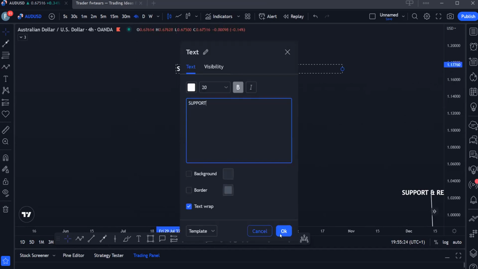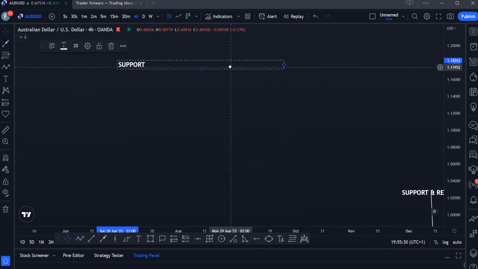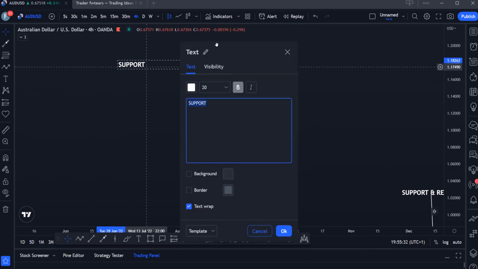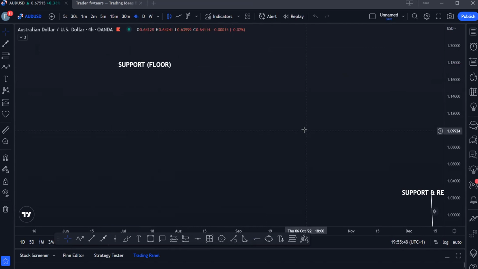Okay, so please know that a support is an area of the market that acts as a floor. A support is an area of the market that acts as a floor. Just like the floor you are on right now, when you throw a ball down to your floor, maybe on your tiles, most likely it's going to bounce back up because that support is strong, right?